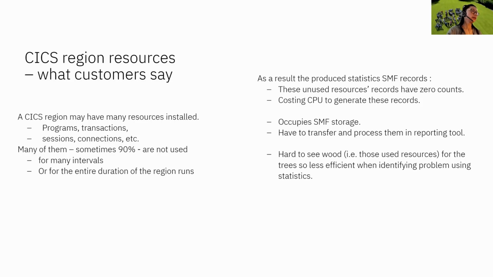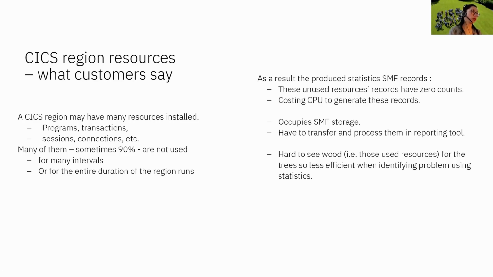Then CICS statistics would be produced for those programs and transactions. However, if your production regions, for example, are cloned, you may find a lot of them are not actually used in a particular CICS region.